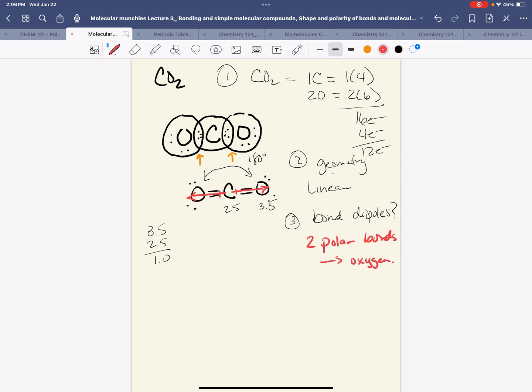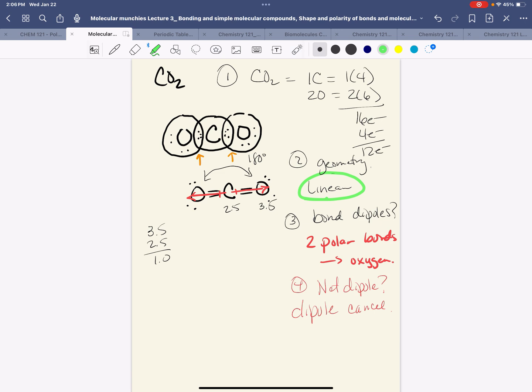But here's the weird part about it. When I think about it in the geometry, so I'm asking, is there a net dipole? That's my next question. And the answer is no. There is not a net dipole because these 2 dipoles actually cancel each other out. It's like a tug of war, so each of them is pulling in the opposite direction from the other with equal force. They're pulling in opposite directions in this linear space.